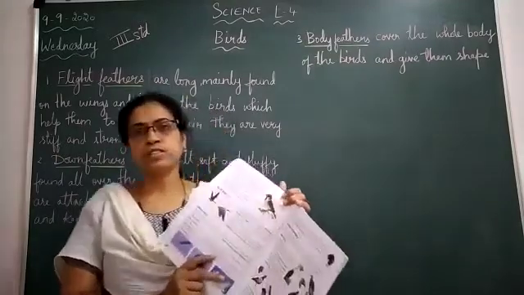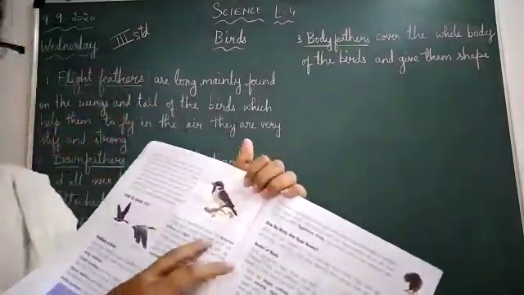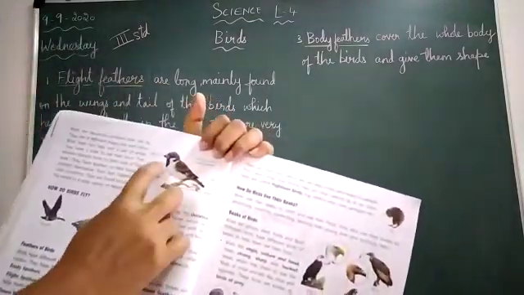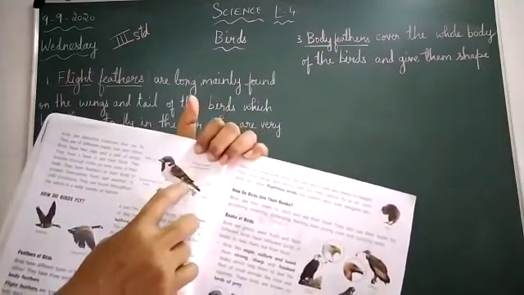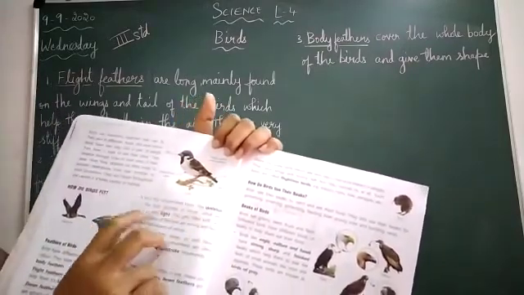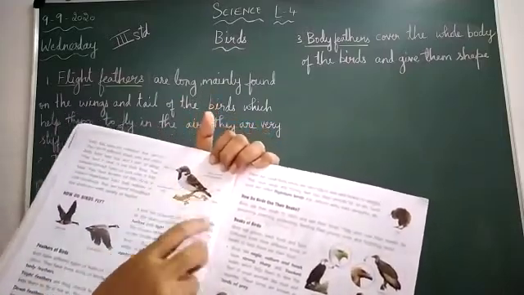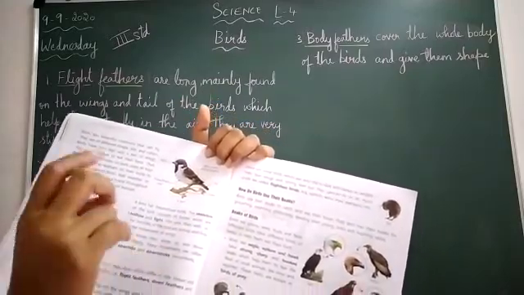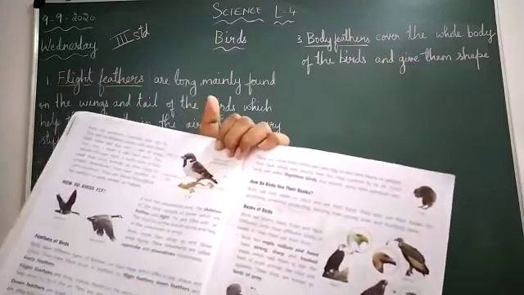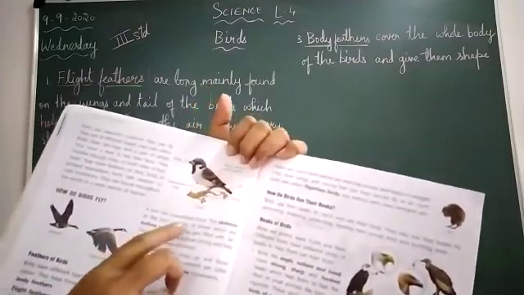Children, look at the picture in the textbook. A bird has a streamlined body which helps it to fly in the air easily. The skeleton of the bird consists of bones which are hollow and light.